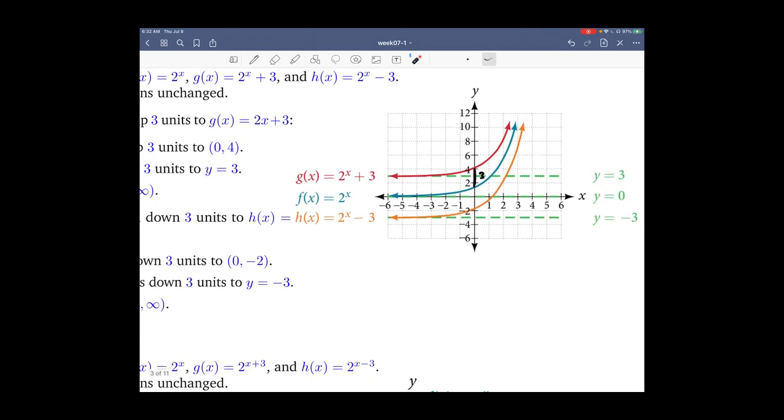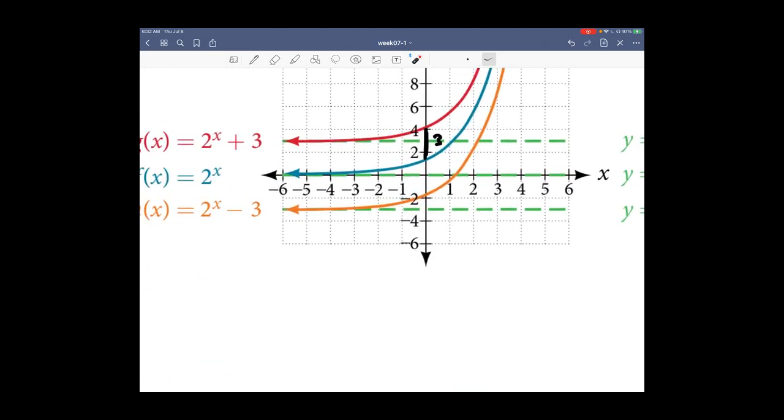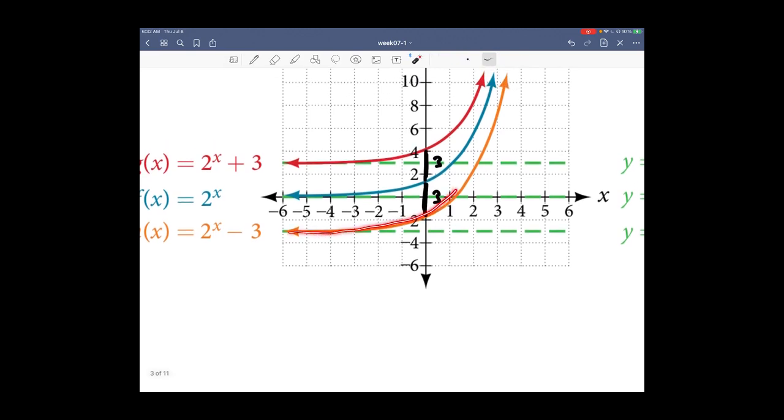And likewise, the function 2 to the power x minus 3 is obtained from the graph of 2 to the power x by a vertical shift by 3 units downward. And so the y-intercept of this orange function 2 to the x minus 3 is at negative 2.